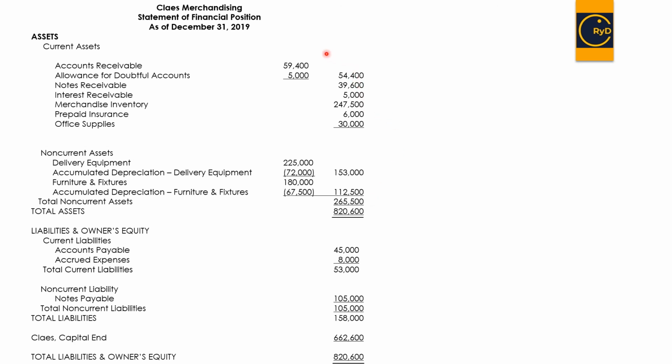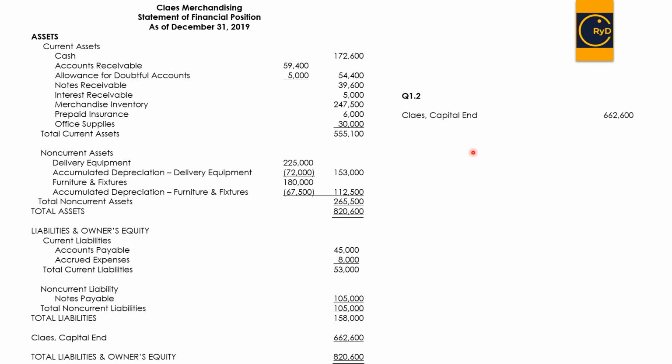And then we also get the total of our given current assets so we can arrive at our cash amount. Okay? That's all it is, class, we just work back. So here, these are the totals for this portion. From here, we can get our cash amount at 172,600.